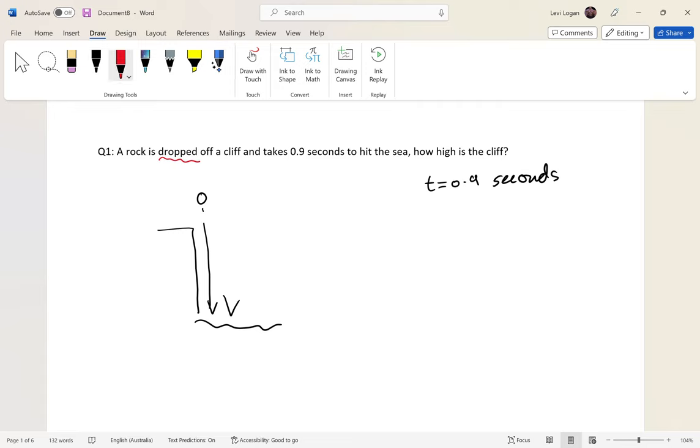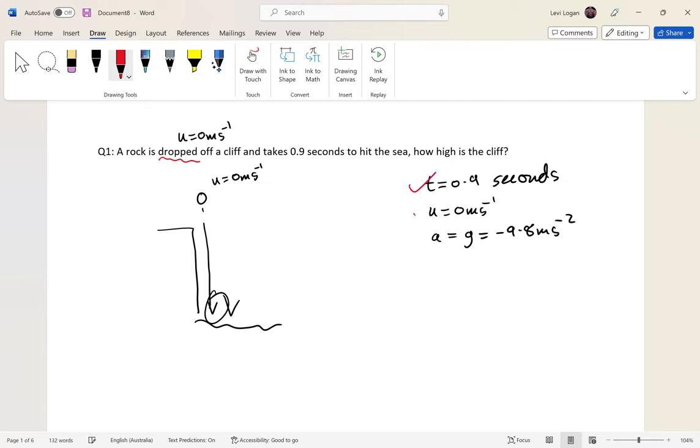So when it says dropped, that means u equals 0 meters per second. Down here it has a final velocity, but we don't need to find that. I'm assuming this is happening on Earth, so acceleration is g, which is negative 9.8 meters per second per second.